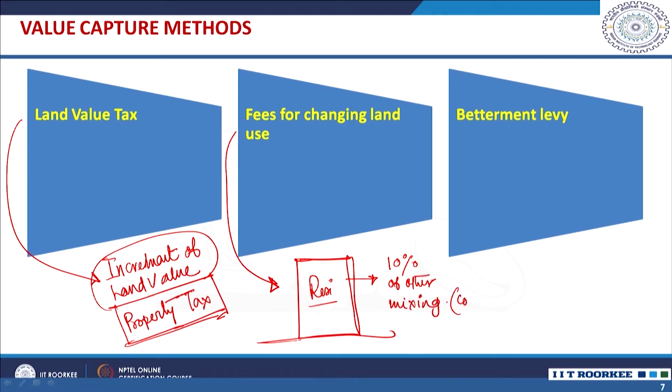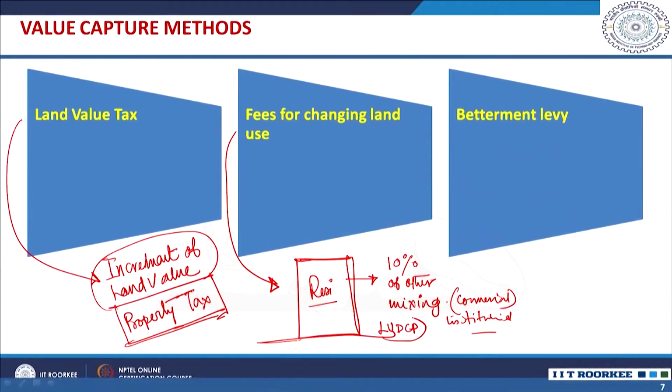For example, it can be commercial, institutional, etc. Now, the owner wishes to develop a little more than 10%, that is 20% or 30%. The first question is: will you allow this additional other use of the land, or not? If you allow these non-residential land uses, then on what ground, what is the condition, and what is the fee for changing that land use.